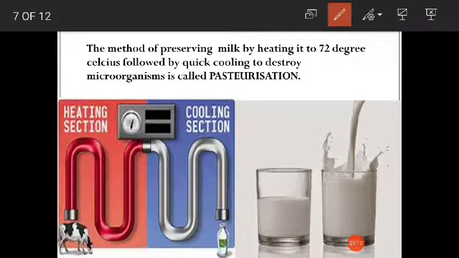You can see here is cow's milk, being heated at high temperature so that the microbes will be killed, and immediate cooling is being done in the cooling section, and in this way the milk is being preserved and safe for drinking. So the milk is heated to 72 degrees Celsius followed by its quick cooling, and this method of preservation is called pasteurization.